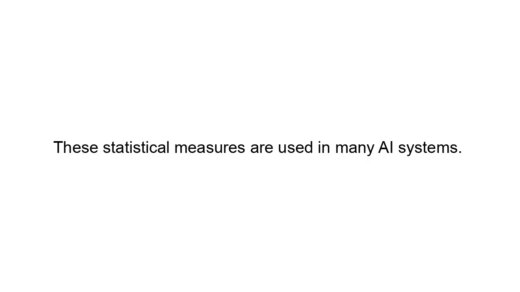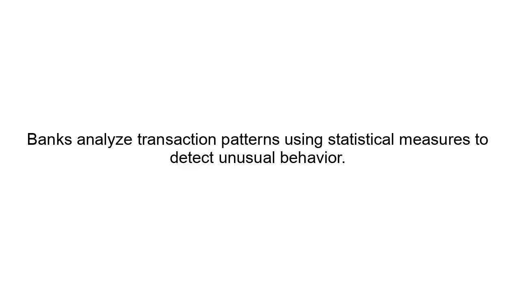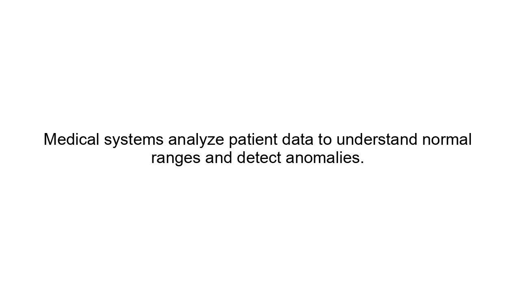Example output: Mean, 30. Median, 30. Variance, 200. Libraries such as NumPy and Pandas are widely used in AI for statistical calculations.